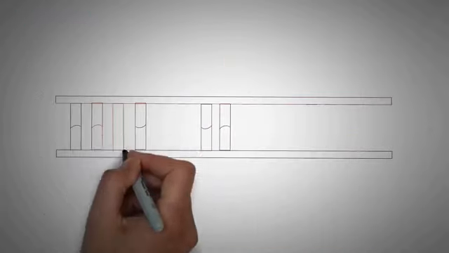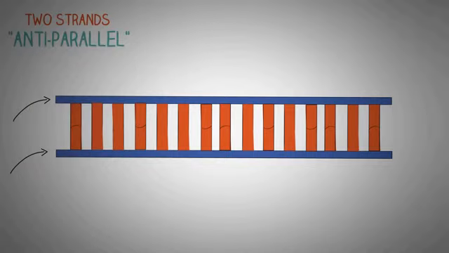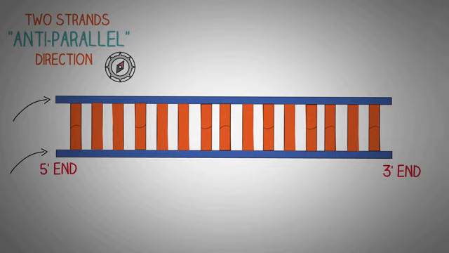Now if you take a closer look at this step-ladder model of the DNA, you can note that it consists of these two strands which are joined together in the center by hydrogen bonds. Now these two strands run in completely opposite direction to each other, which means they are anti-parallel, and they also have a direction. Now in DNA we don't have the north, south, east or west directions, but on DNA we have two ends, a 5' end and a 3' end of this strand.